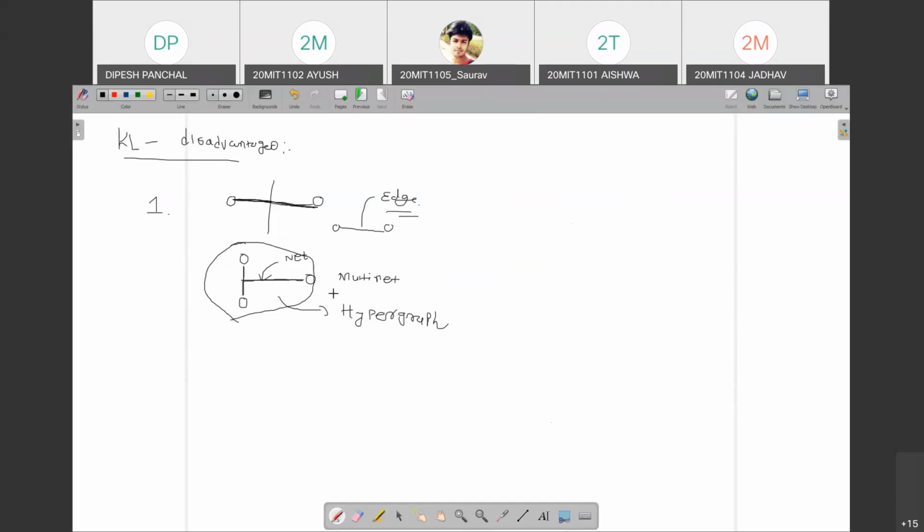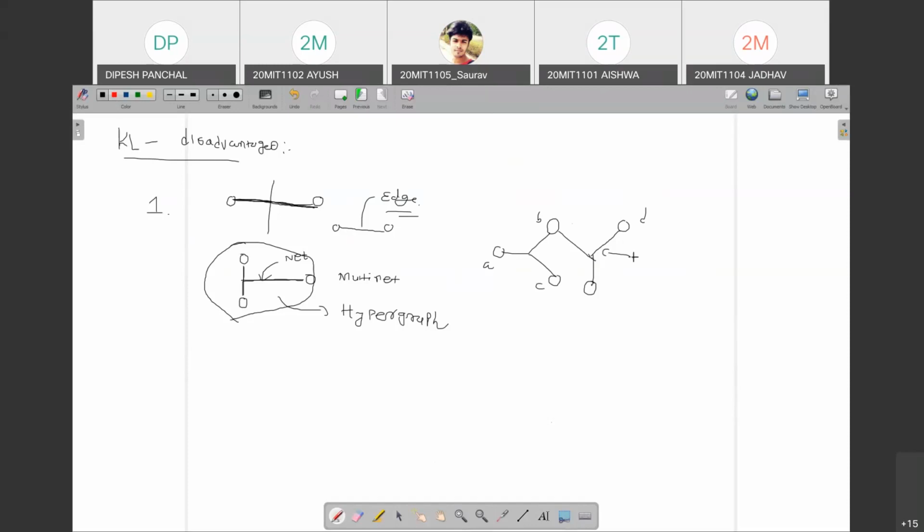Sir, which type of circuit is represented by a hypergraph? Hypergraph means, can I sketch the diagram like that? Yes, sir. So this is the diagram. Let's say 1, 2, 3 node. A fourth node is also there, A B C D, let's say. Something like this. And here we are adding one more node. This is multi-net.